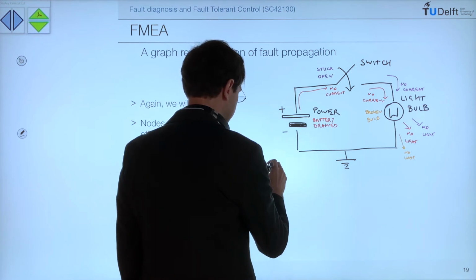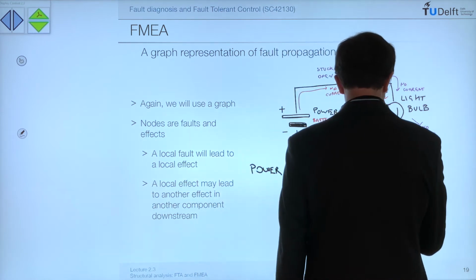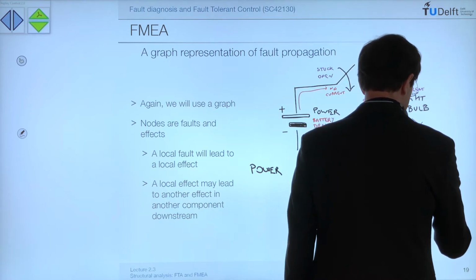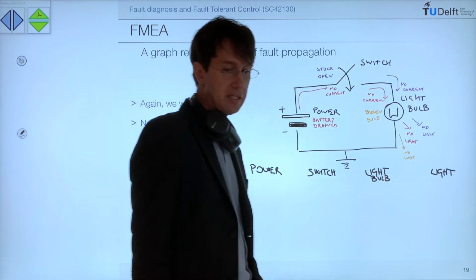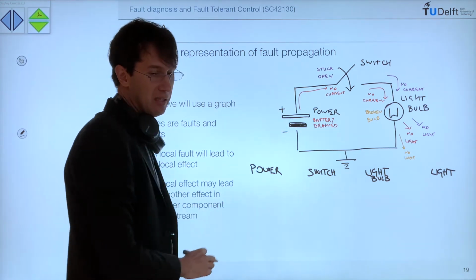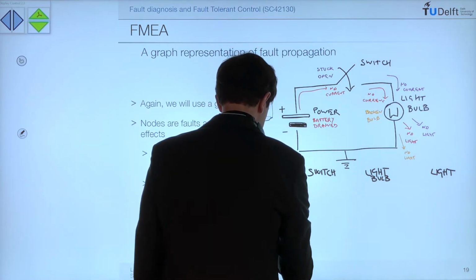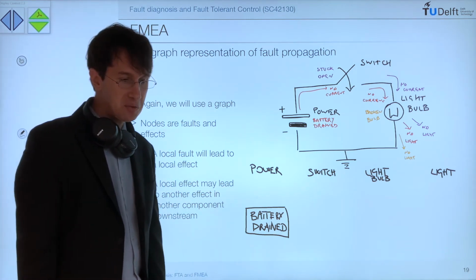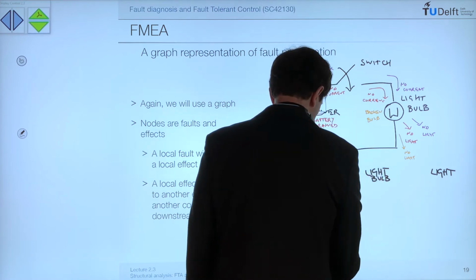So the power level, the switch level, the light bulb level. And finally, let's say the light level. So the intended functionality of the entire system is to produce light. If at the power level we have the battery drained, this is a local fault, and this is going to cause at the switch level that we have no current. And this is a propagated effect.